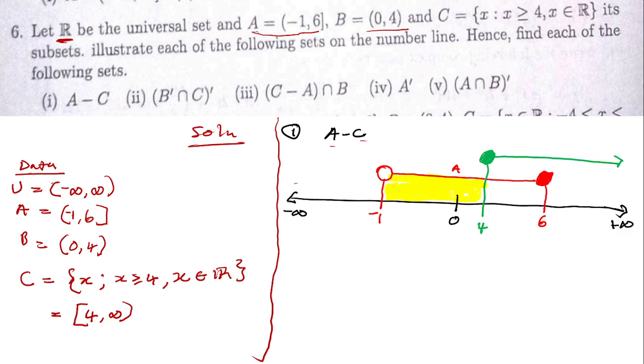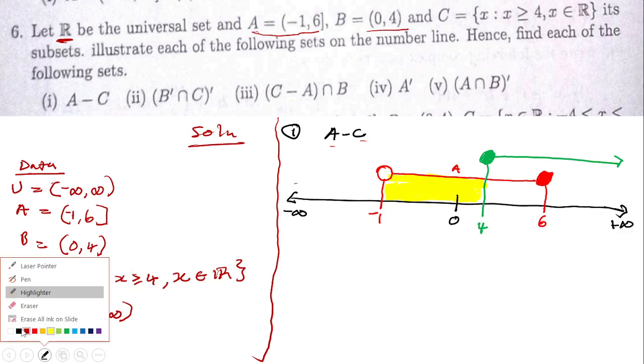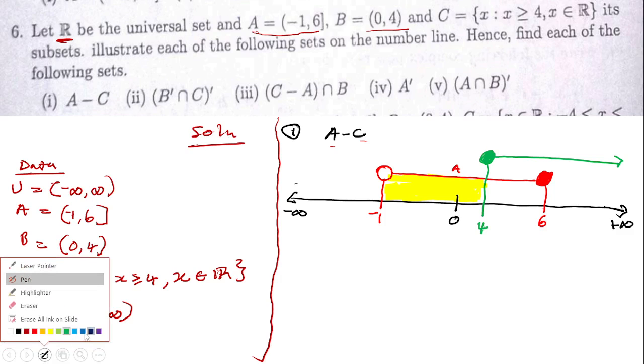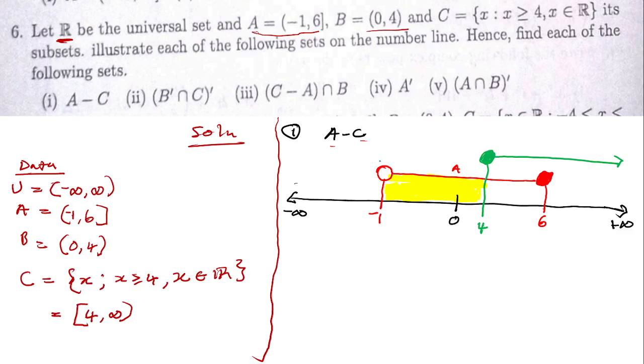Now, from this answer, you need to analyze what you are really supposed to consider, because it's not everything that you are considering there. If you look at C, when removing C from A, you are going with 4 because 4 is part of C. That simply means that when you remove C from A, you are not remaining with the 4.